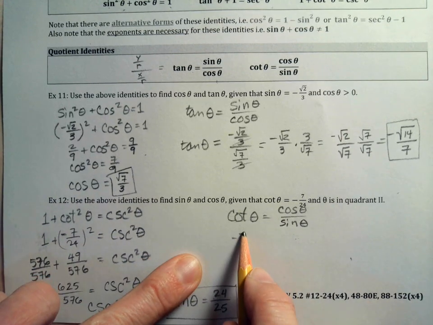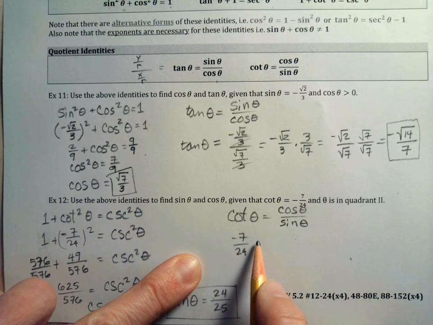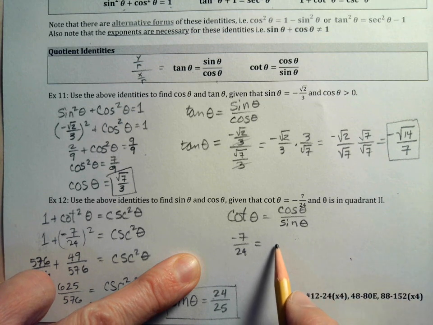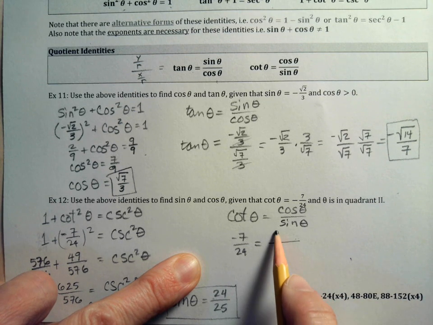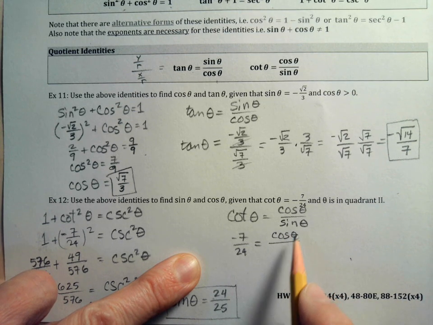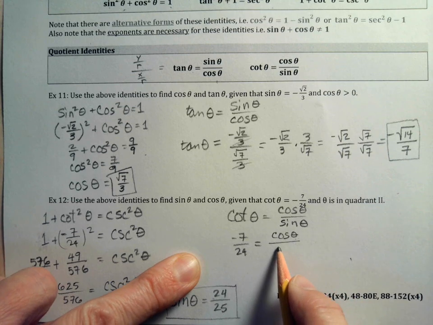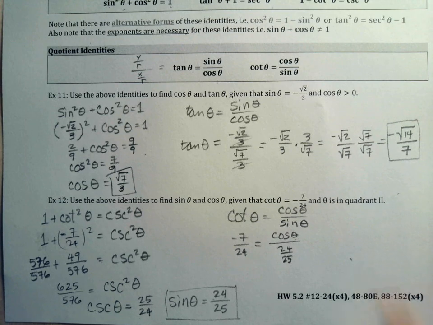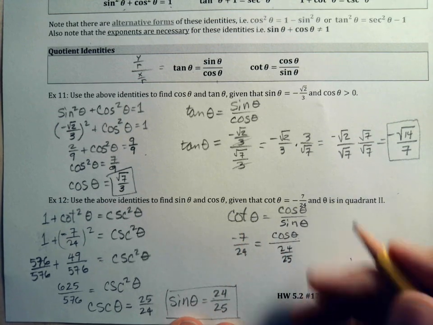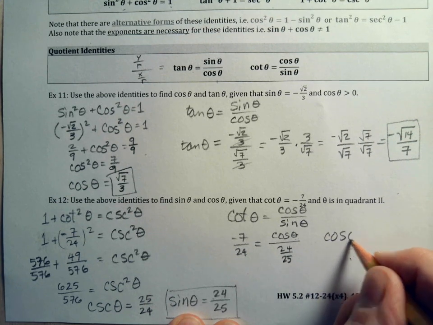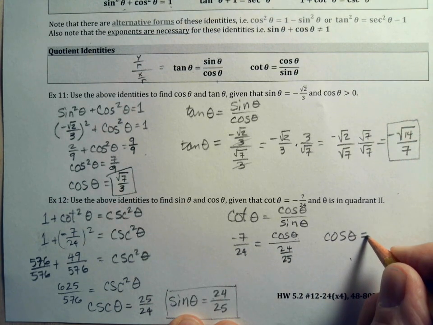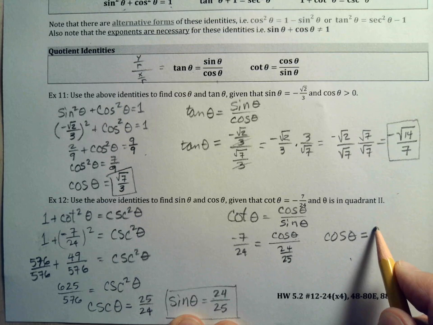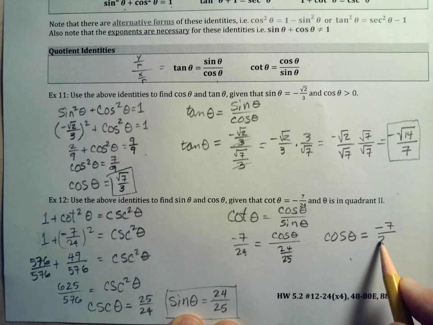So we have negative 7 over 24 equals cosine theta times the sine, which is 24 over 25. And then we're going to multiply both sides by 24 over 25. So that should give us cosine theta is equal to, the 24s would cancel, negative 7 over 25.